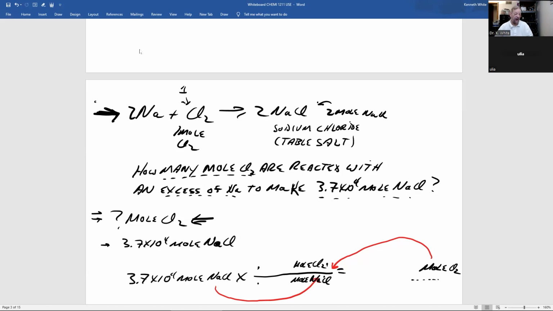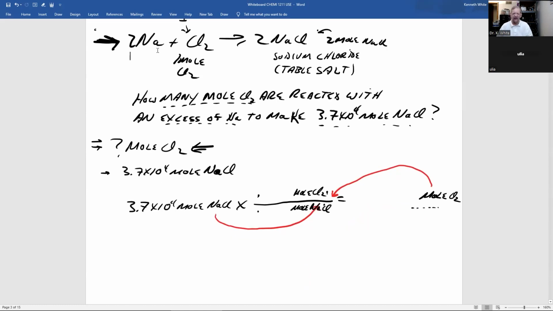We also have 2 moles of sodium, but we have an excess, so we can ignore that. So for every 1 mole of chlorine, we get that from this number, we have 2 moles of sodium chloride, and we got it from the coefficient.